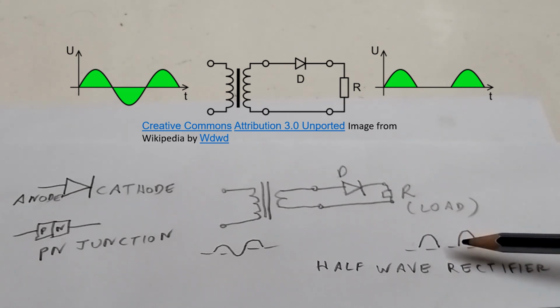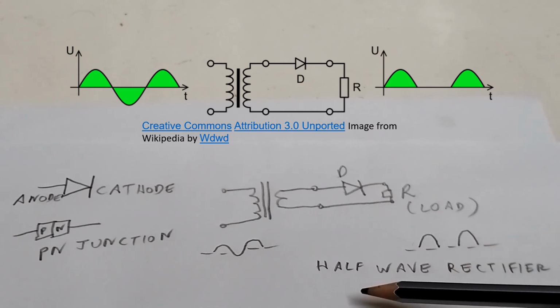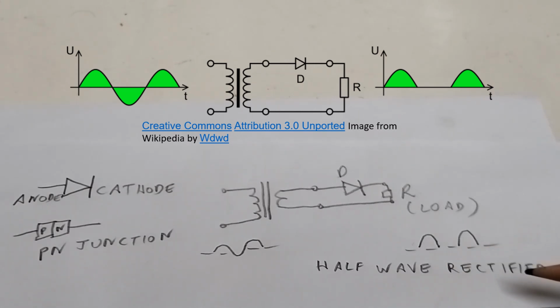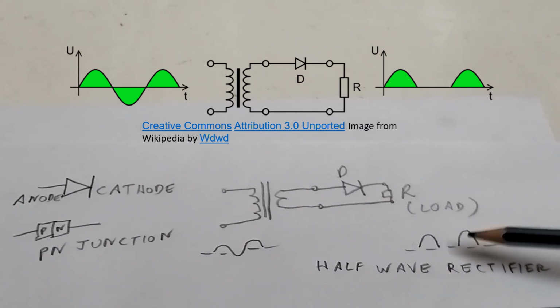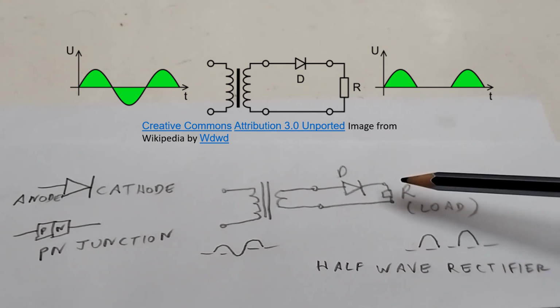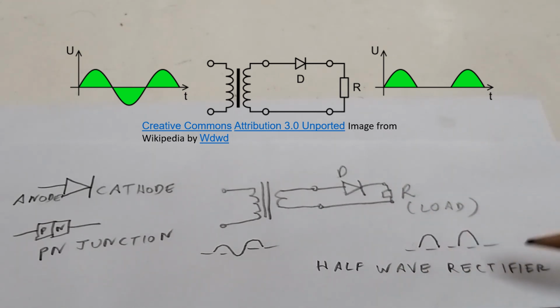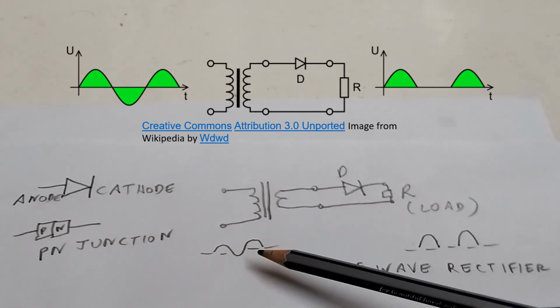As one of the waves is cut off, it is a half wave rectifier. Only the positive cycles are sent out into the load. That is a ripple like, intermittent current which flows into the load resistor. That is a half wave rectifier. The output has only half of the waves in the input.